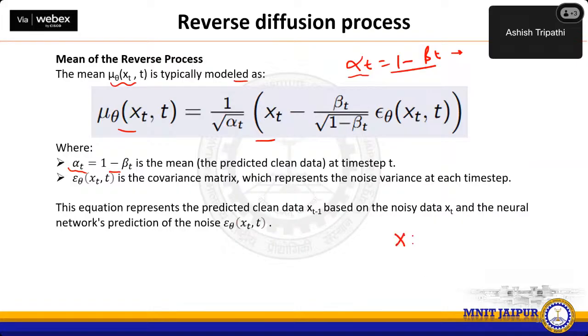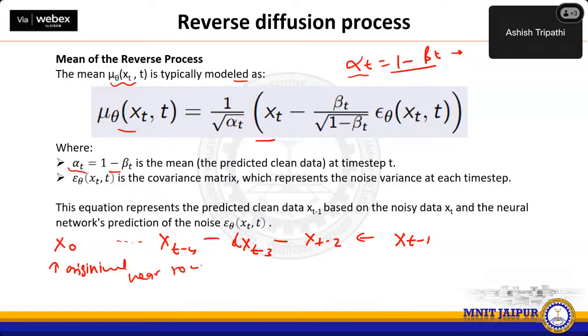If you are able to predict x of t minus 1, then I will predict x of t minus 2, then x of t minus 3, then x of t minus 4, and so on. By doing this, we can predict x of 0, that is the original image, not original, rather near to the original image. We can generate an image which is close to the original one.